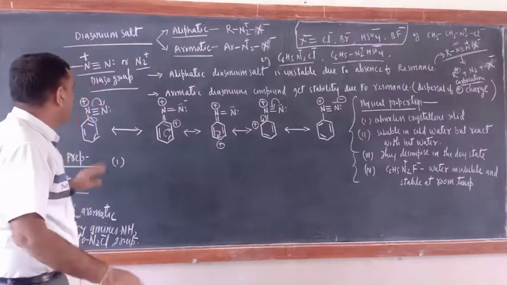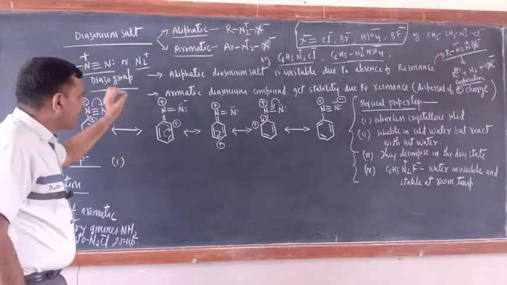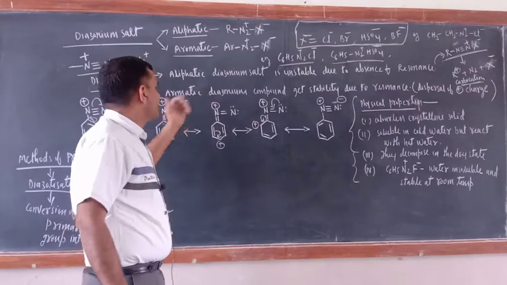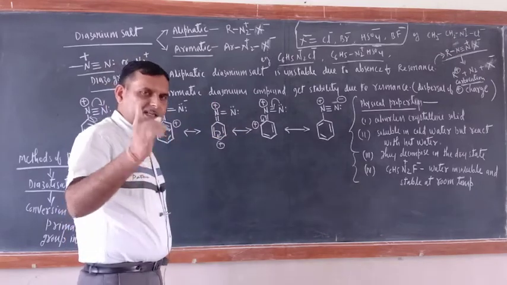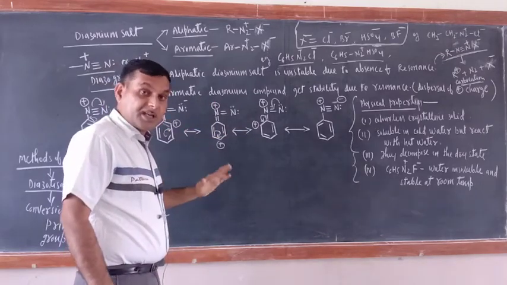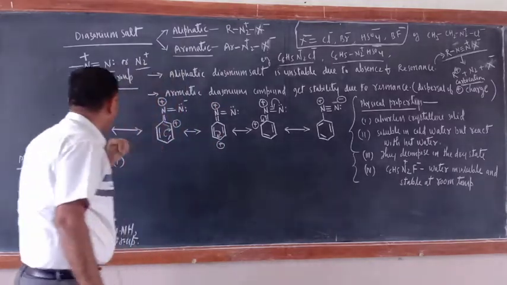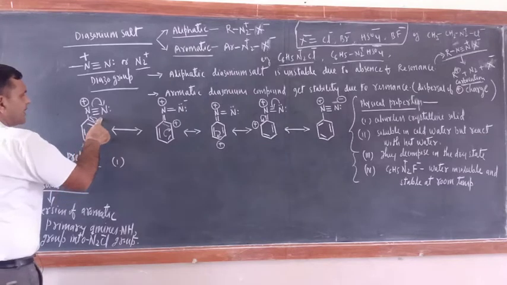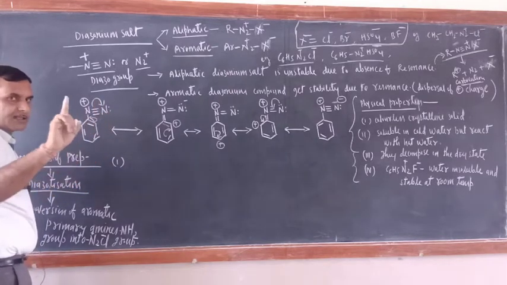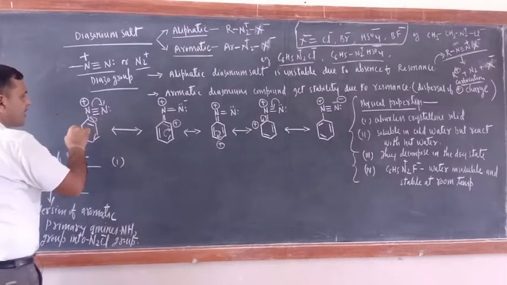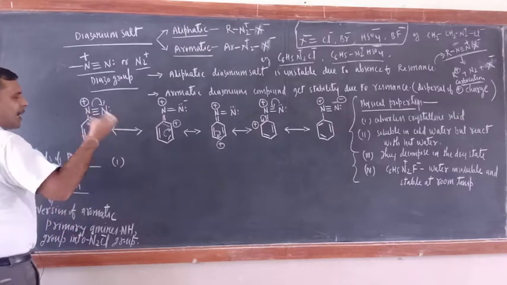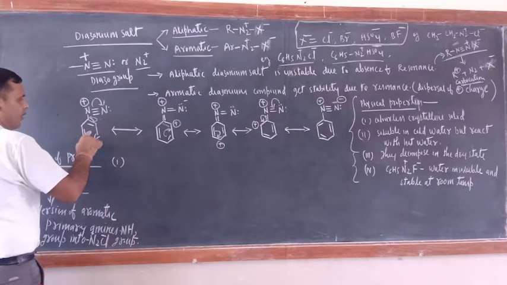Now the question arises: aromatic diazonium salts are stabilized by resonance, they are highly stable. How? Just see, this is the benzene diazonium ion, the cation. What is the structure?